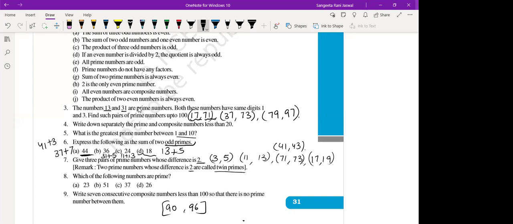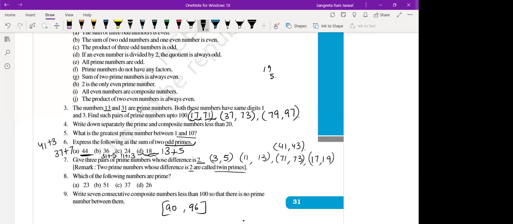And 11 and 13 is one combination. Think of something more. Others also please think. Can you give me some different combination? Ma'am, 19 and 5. Okay, yes, good.